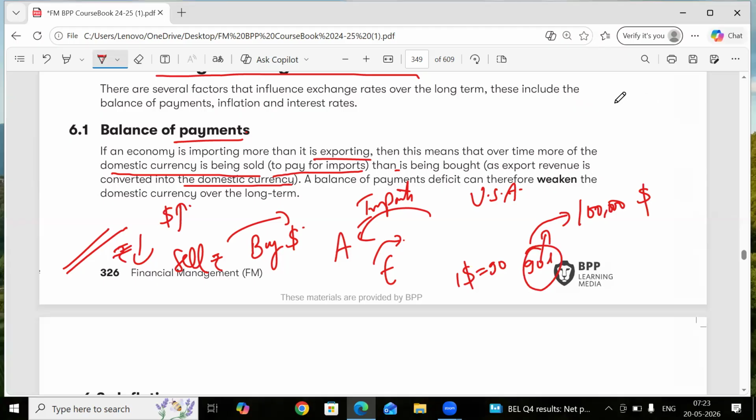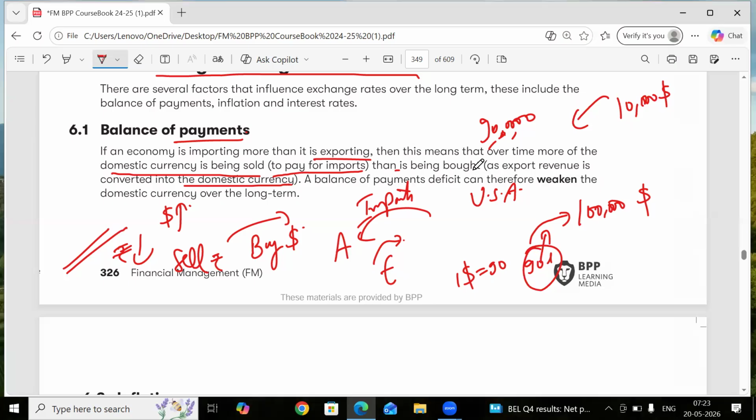In the same way, you're exporting $10,000 worth of goods. So you're getting 10,000 dollars. You're going to sell this 10,000 to the bank, and the bank is going to pay you, let's say, 9 lakhs. You have to pay a 90 lakh bill and you're getting only 9 lakhs.